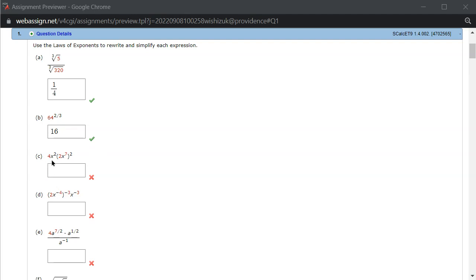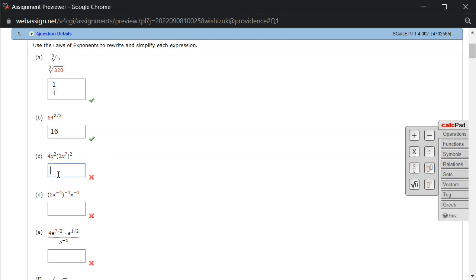Let's look at part C. First you have 4x squared, so I'm going to leave that for now. Then you have to distribute this 2 to the 2. 2 squared is going to be another 4, so 4 times 4 is 16.